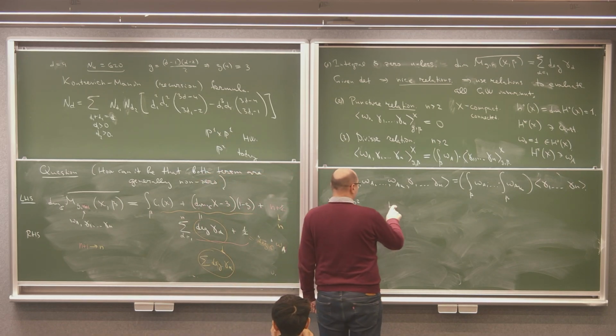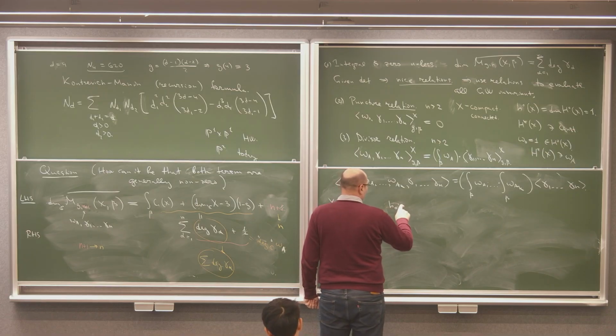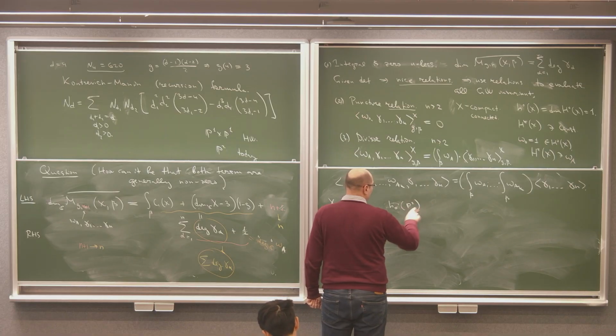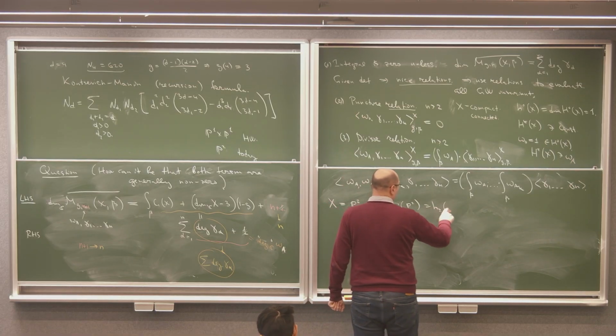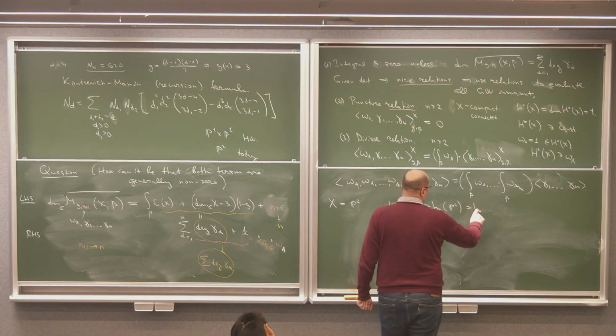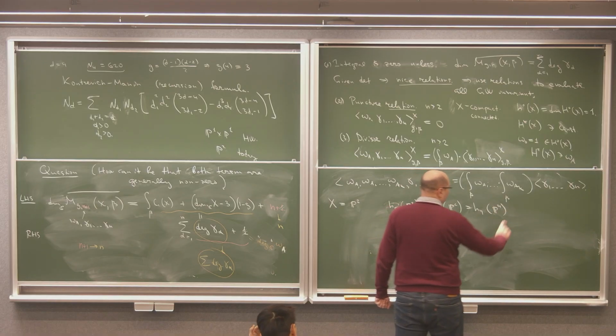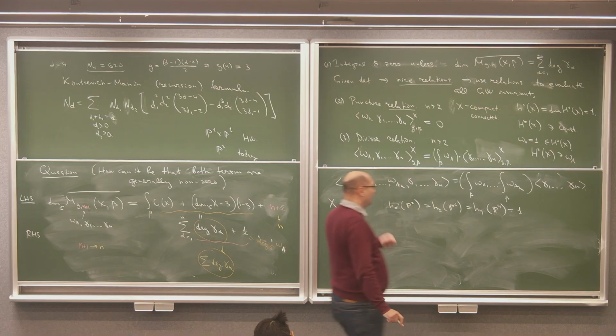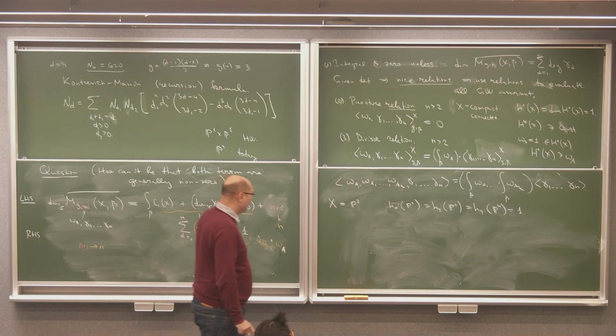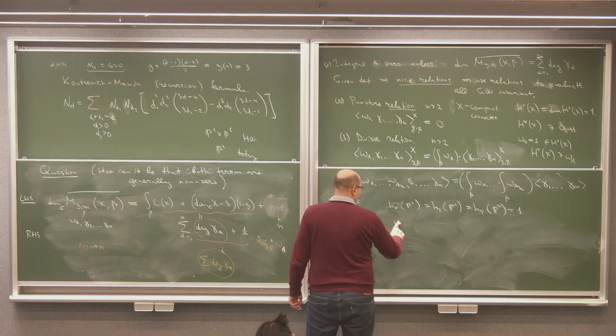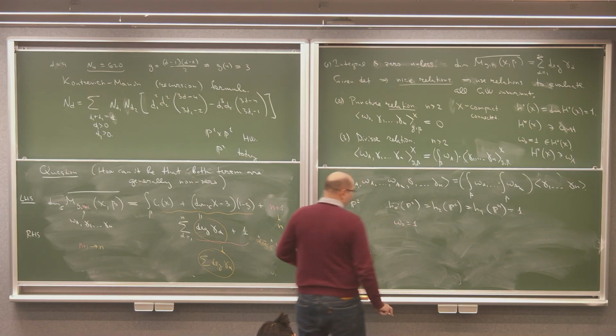In this situation, the Betti numbers are the following: h0, h2, and h4 are the only non-vanishing Betti numbers, and all of them equal 1. So let us introduce representatives.